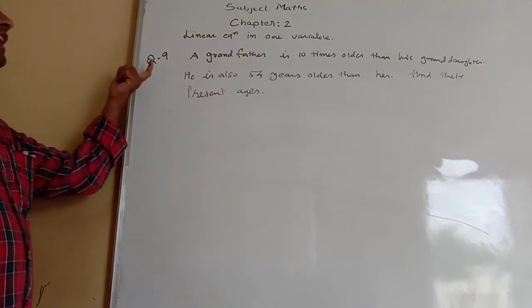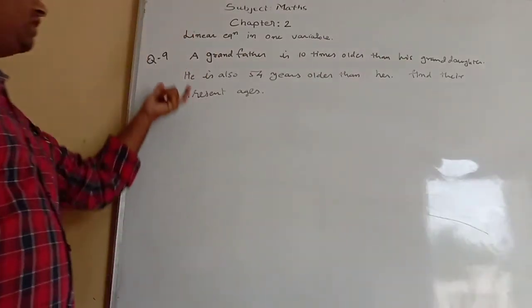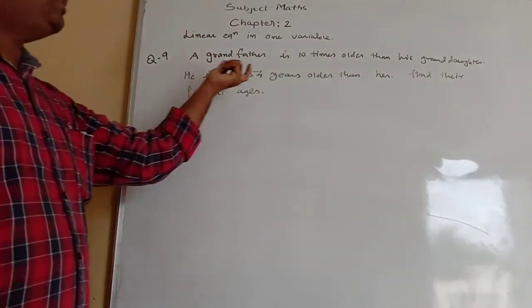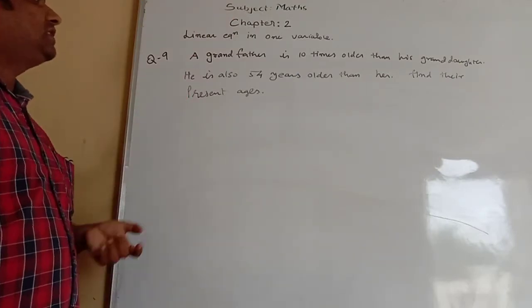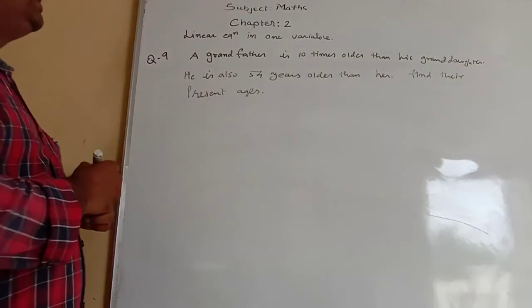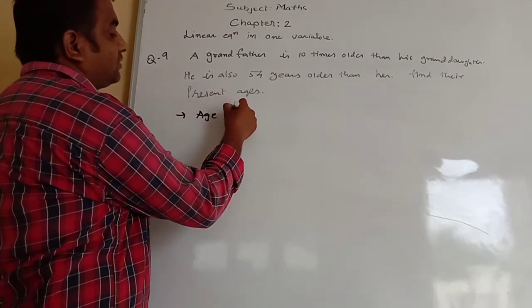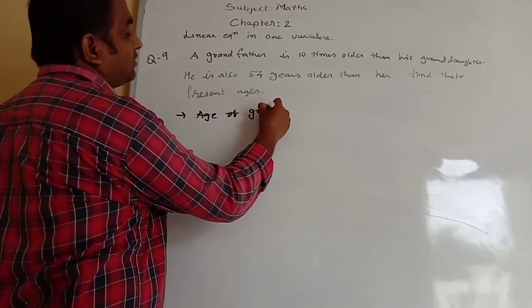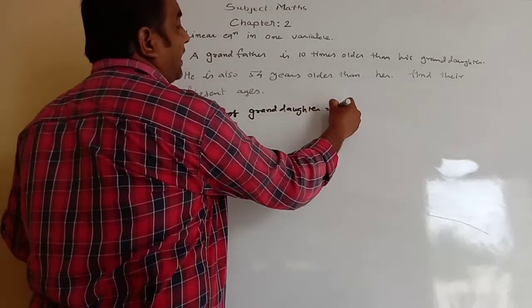Now question 9 is given. A grandfather is 10 times older than his granddaughter. He is also 54 years older than her. Find their present ages. So the relation between the grandfather's and granddaughter's ages is given. So we take the age of the granddaughter equals x.